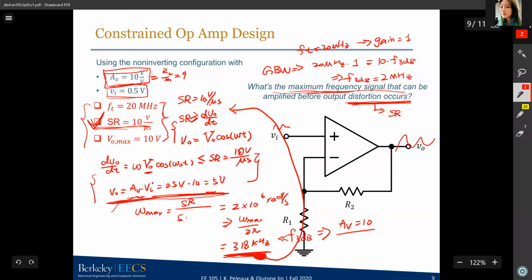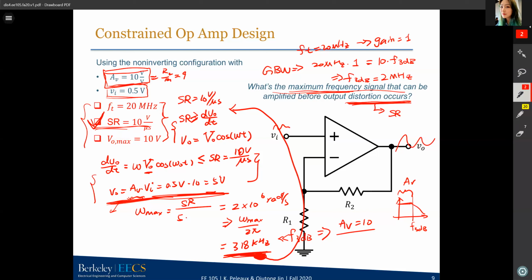We assume the input frequency is within the range of constant gain. So this is your F 3 dB. When designing our circuit, we already assumed your frequency is within this range, so you can have a constant A_V equals 10.